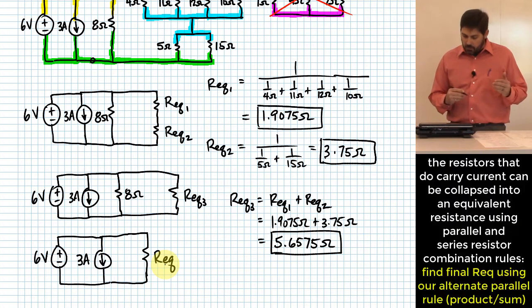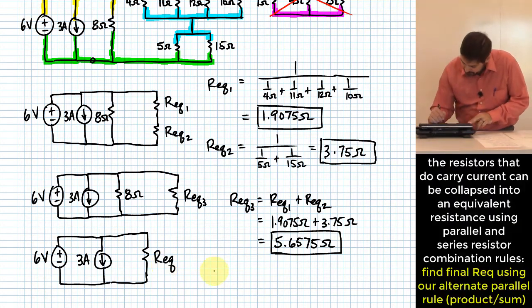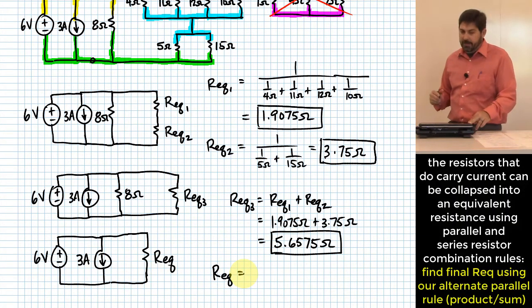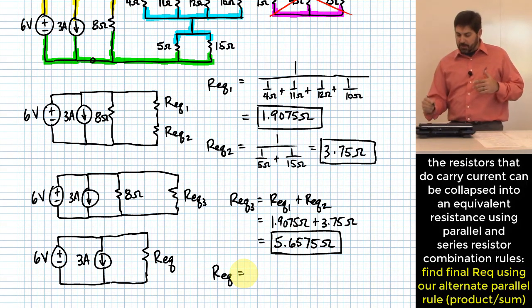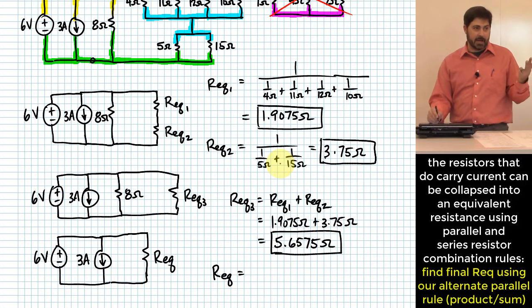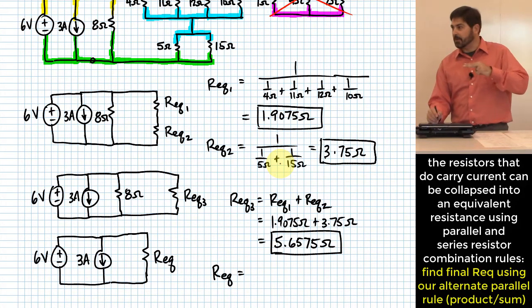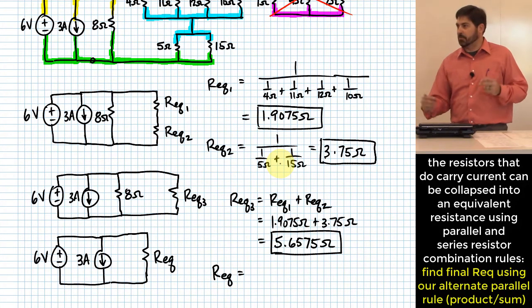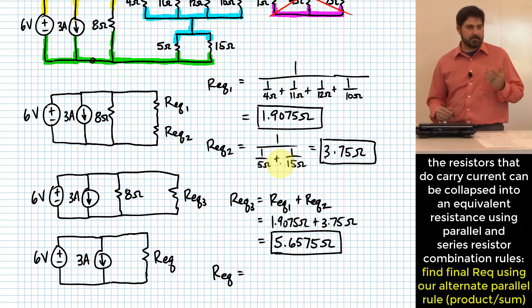So what do I do now to find REQ? It's parallel. Since I used the reciprocal of the sum of the reciprocals the last time I had a pair of resistors, this time let me do the product over the sum, just to show you the other way you can do the same idea.